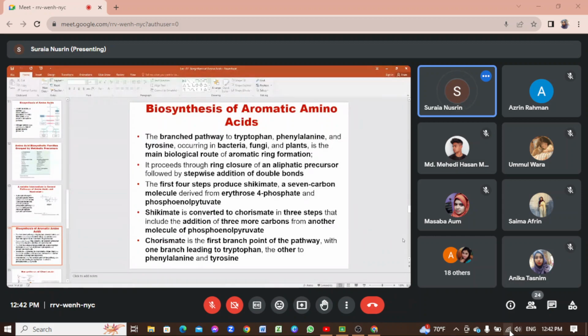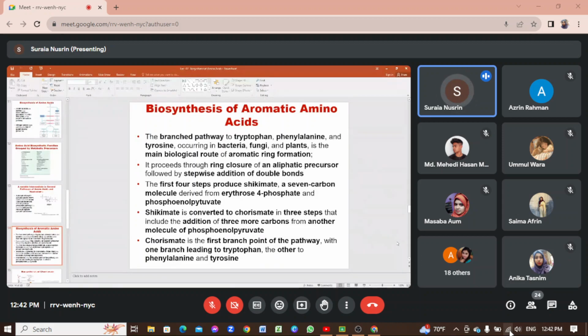They have a ring structure, but the precursors of these amino acids are simple aliphatic molecules. These eventually become circular, and wherever double bonds are required, they are formed, and we get the aromatic amino acids. What are the simple precursors here?